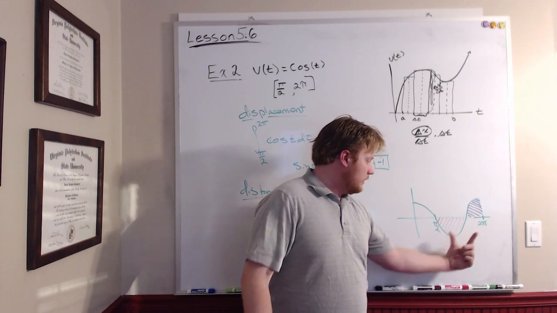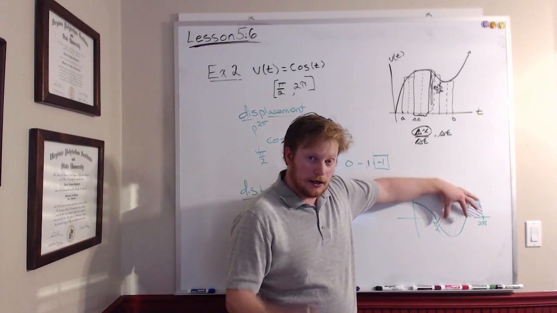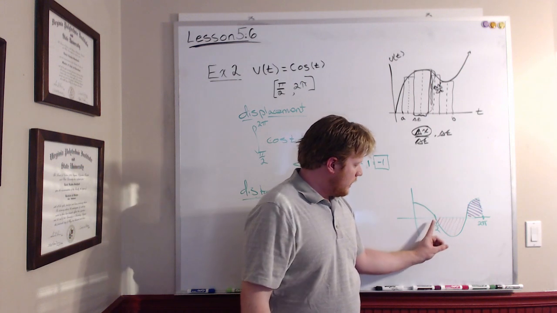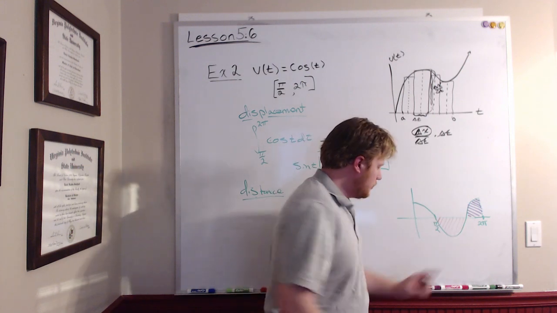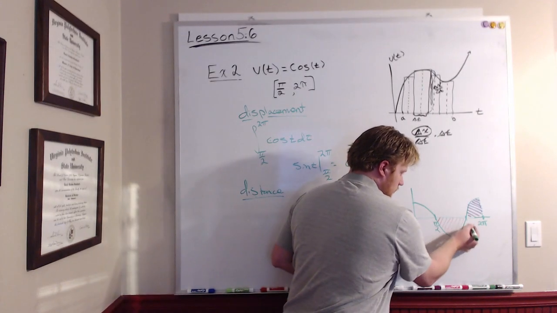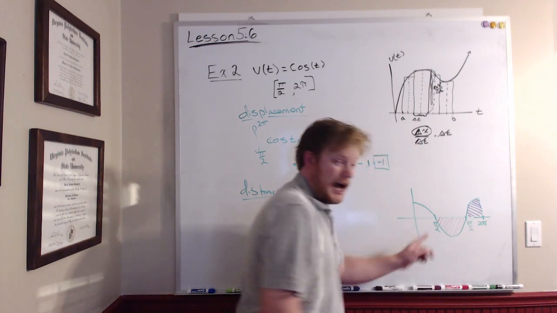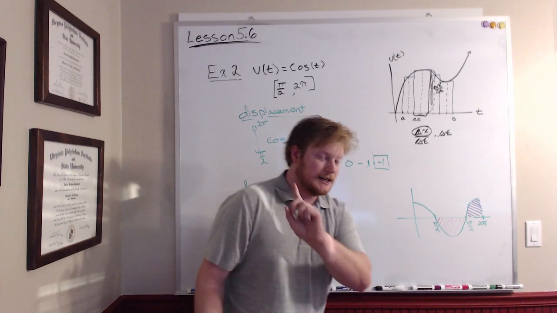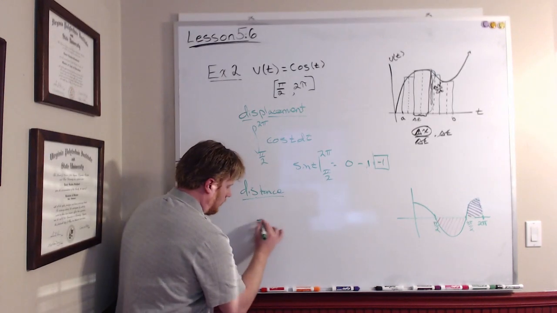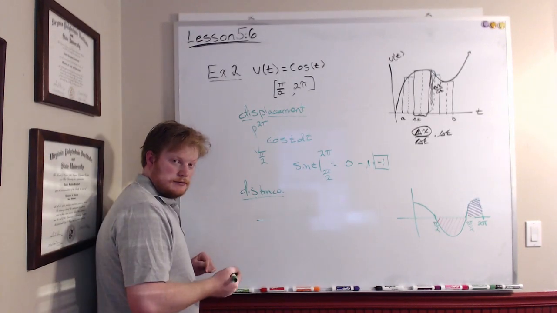Well, to get that, I just want to make it positive area. Knowing that when I integrate from pi over 2 to 3 pi over 2, I'll get negative area, I can anticipate that and make it negative.